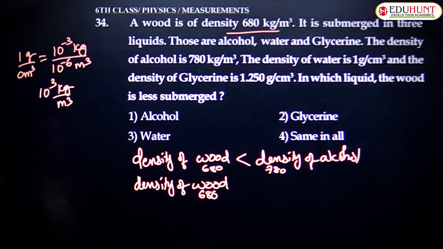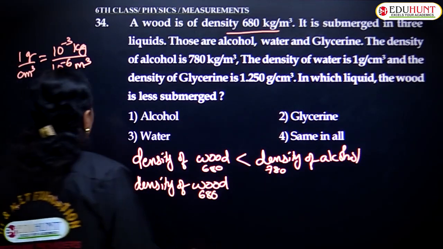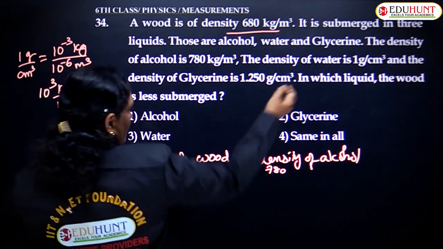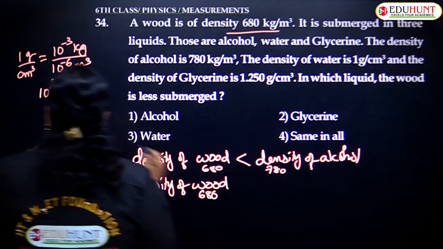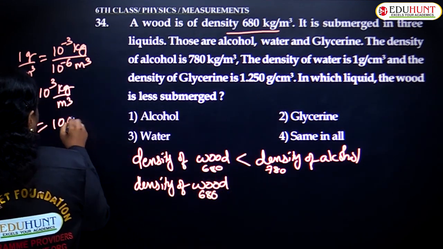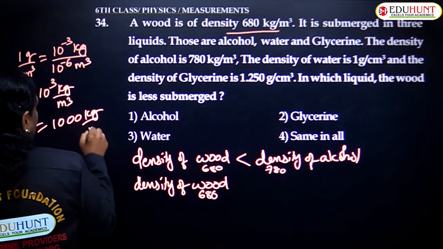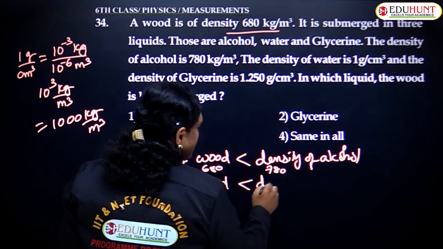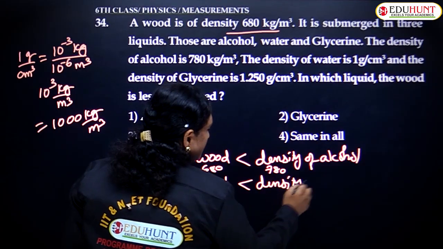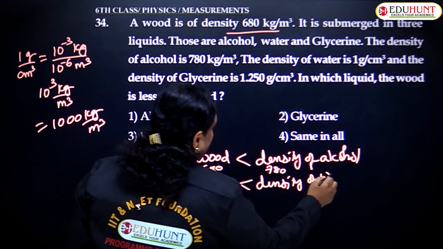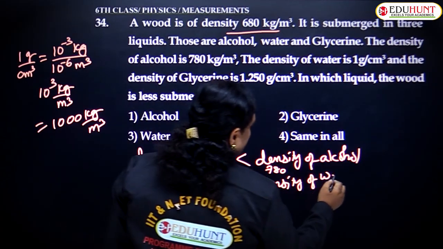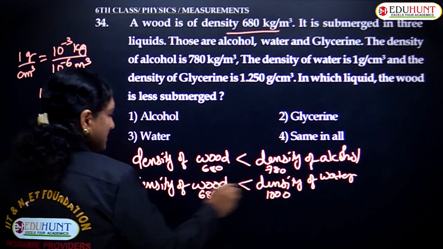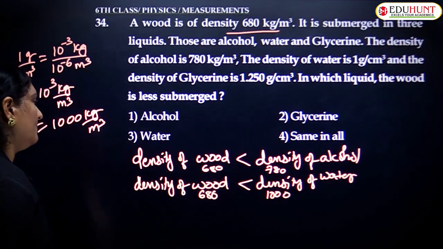So 1 gram per centimeter cube equals 10 power 3 kg per meter cube, which is nothing but 1000 kg per meter cube. The density of water is 1000 kg per meter cube, which is greater than the density of wood.